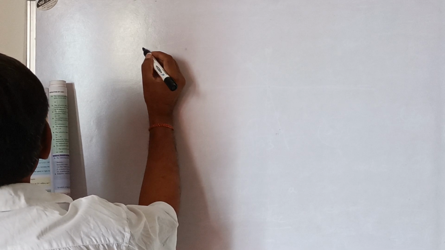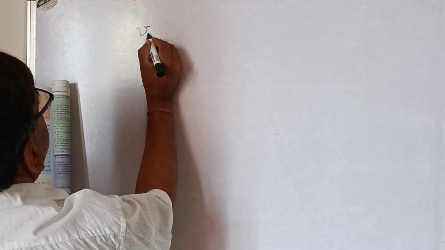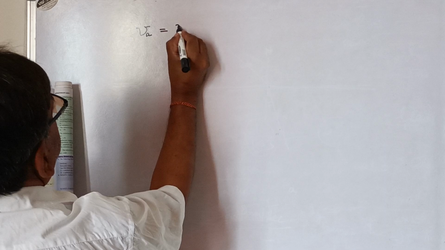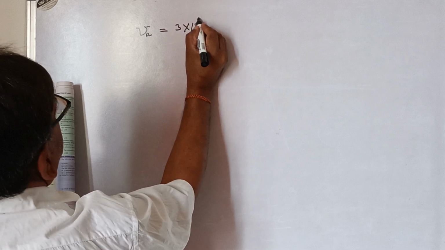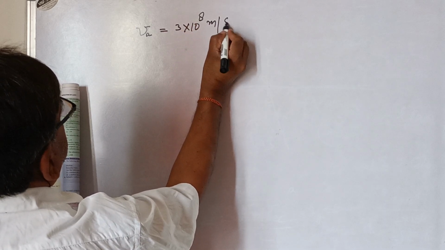Okay, given VA, velocity of light in air, is 3 into 10 to the power 8 meter per second.